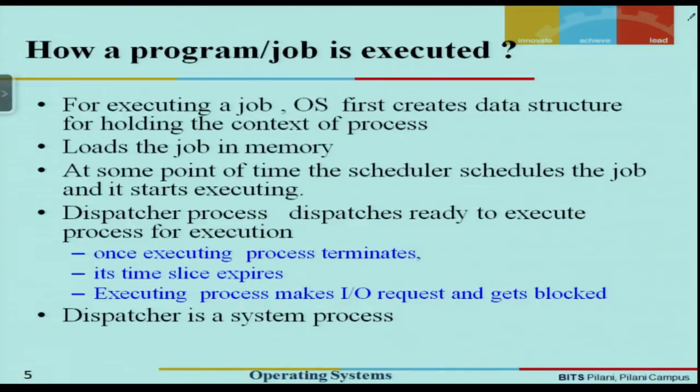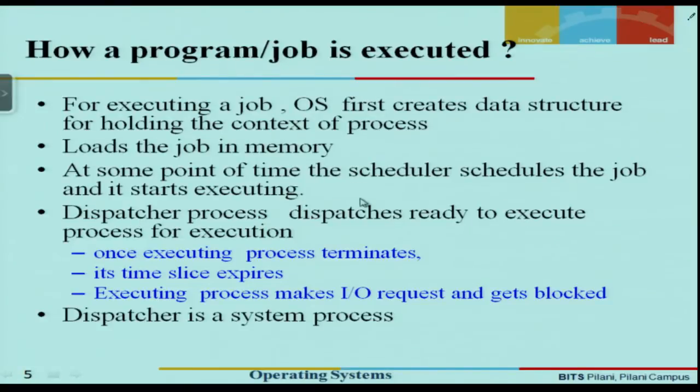At some point of time, one of the jobs loaded into the memory is going to be picked up by the scheduler, and the scheduler will schedule this job on a processor for execution. And once a job is scheduled on the processor, the job starts executing.